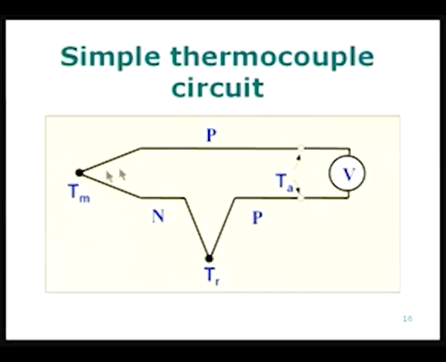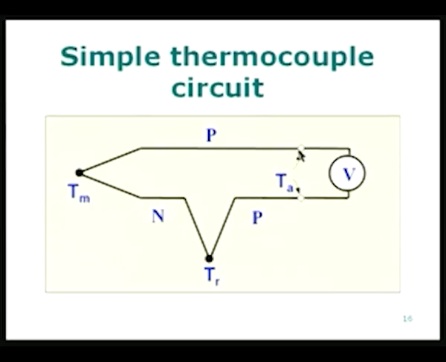So, you see that the voltage is measured between the positive and the positive. There are two junctions, the measuring junction Pn and the reference junction Np. If you go in one direction or the other, you will see that you are going from P to N, from N to P.